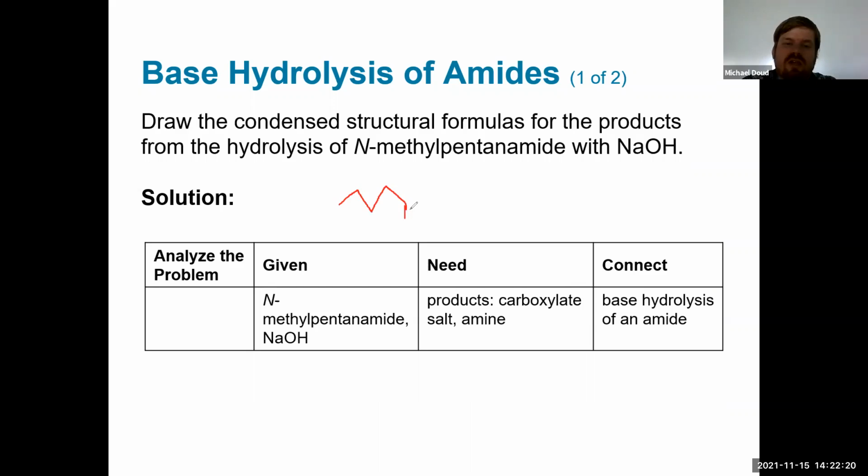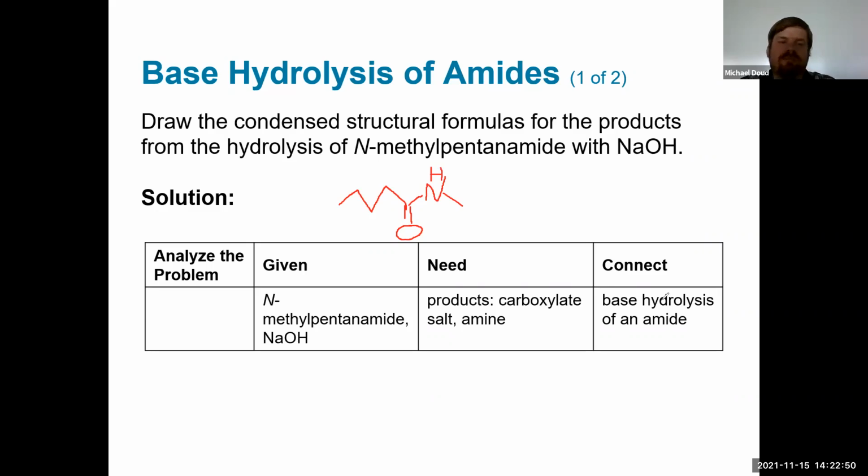So this is going to be a carbonyl bonded to oxygen, and then the nitrogen is next. Now we also know that the N-methyl means that there's a methyl group on this nitrogen, so we can draw a methyl group here. And to balance it out, we know nitrogen is going to have 3 bonds, so we're going to have 1 more hydrogen bonded to this nitrogen.